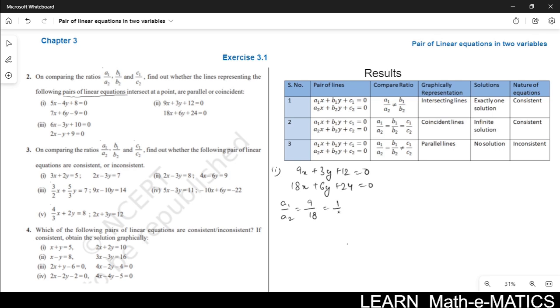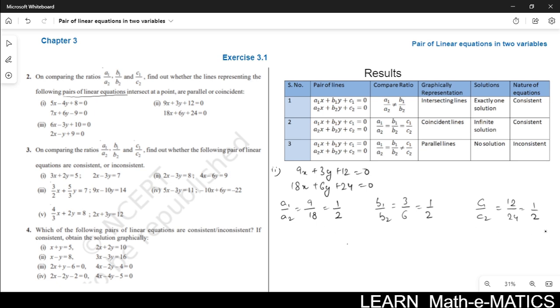After simplifying we get 1 by 2. Similarly b1 upon b2, that is the ratio of the coefficient of y. Coefficient of y is 3 in the first equation, and in the second it is 6. After simplification we get 1 by 2. Similarly c1 upon c2, which is the constant part, is the ratio 12 upon 24. Again after simplifying we get 1 by 2, right?